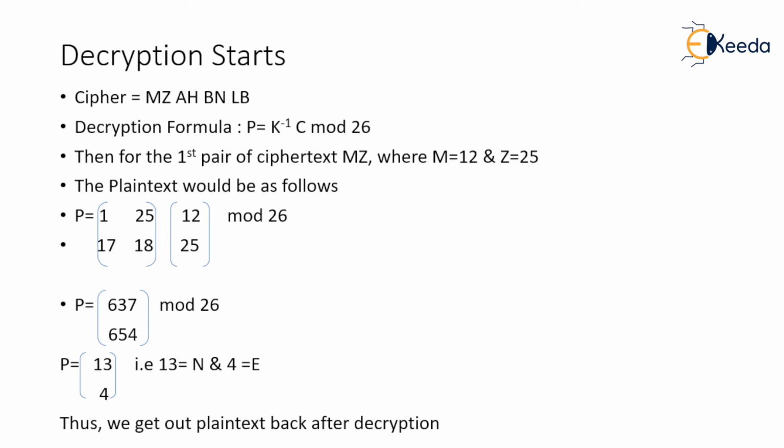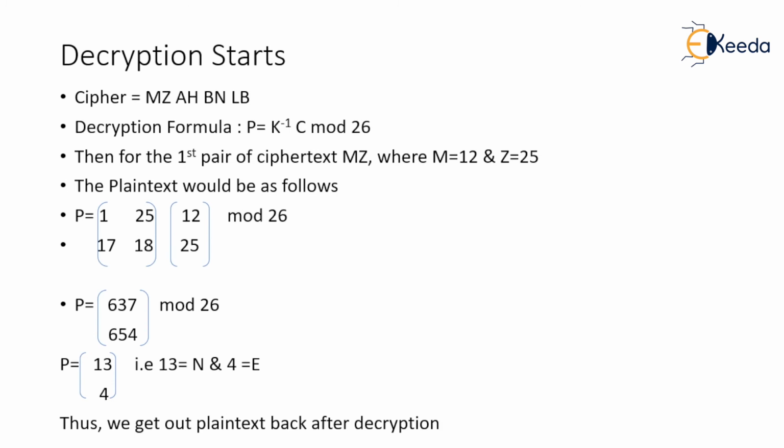After calculations, we get K inverse as 125, 17, 18, and for the first cipher pair MZ, which we calculated for NE, we have the values 12, 25, corresponding to the alphabets M and Z.